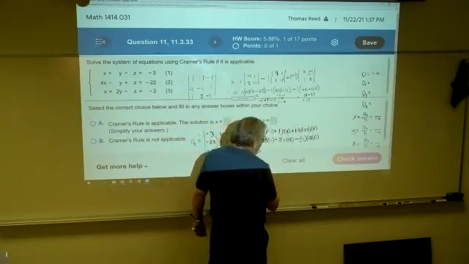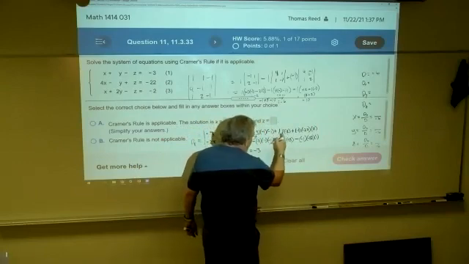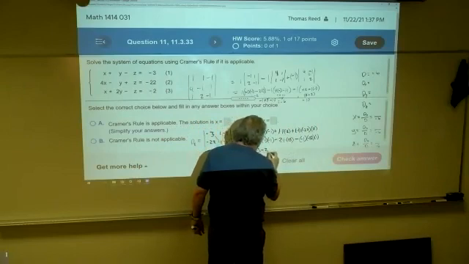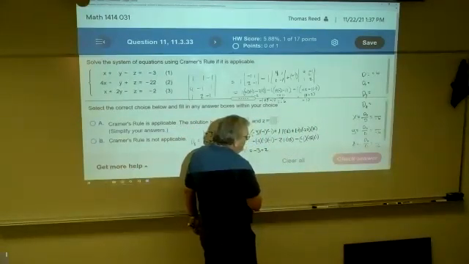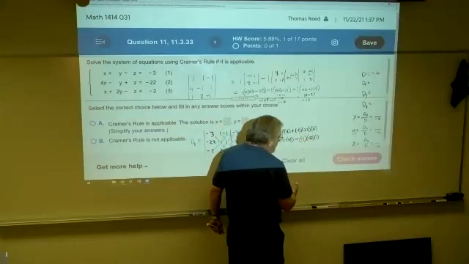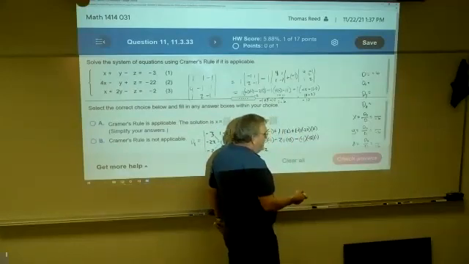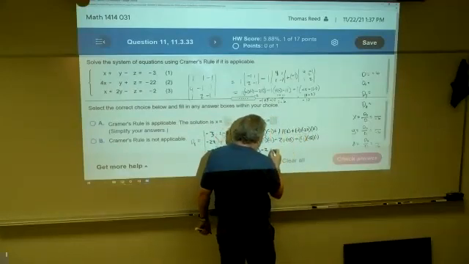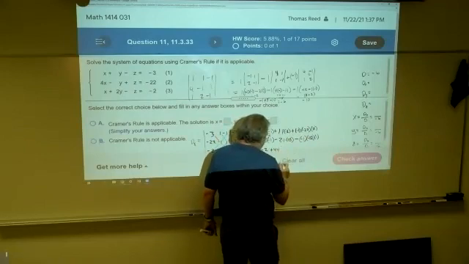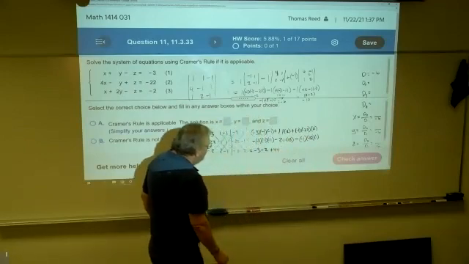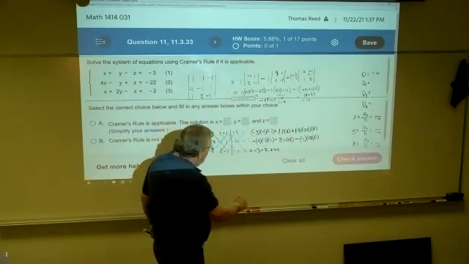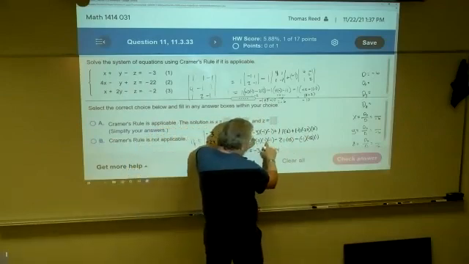1 times 1 times negative 2 is negative 2. I'm adding a negative 2, so that's negative 2. Negative 1 times negative 22 is a positive 22 times 2 gives me a positive 44. So I'm adding 44. As stated before, the multiply here gives me a negative 2.